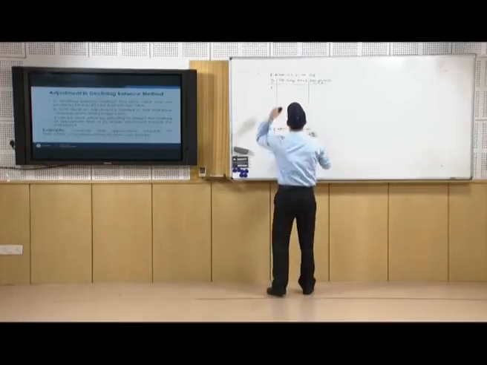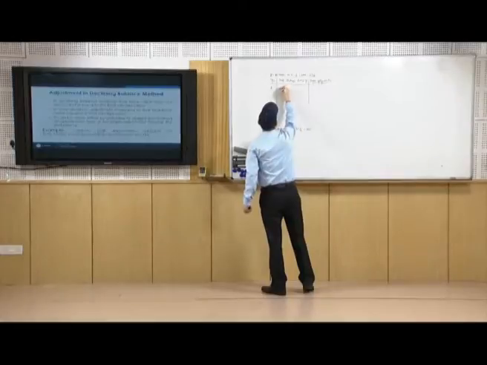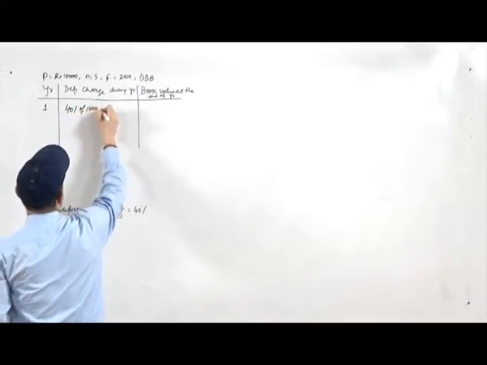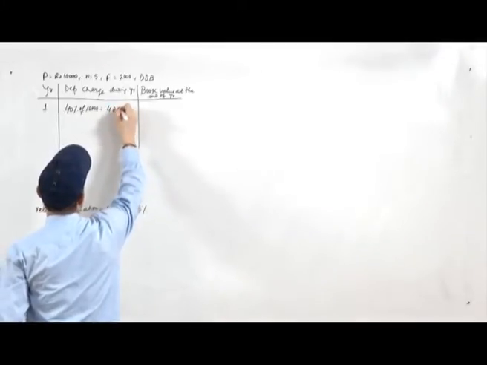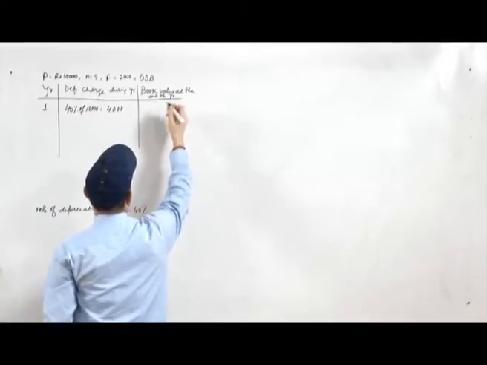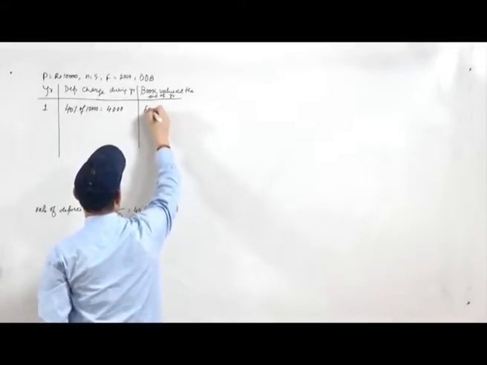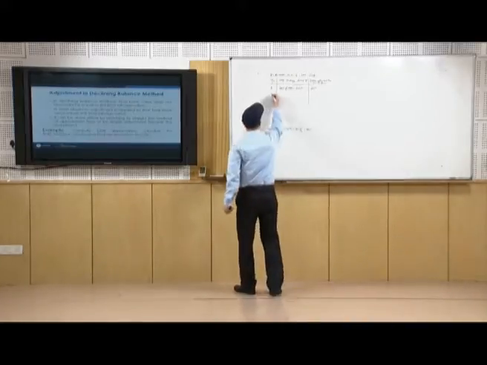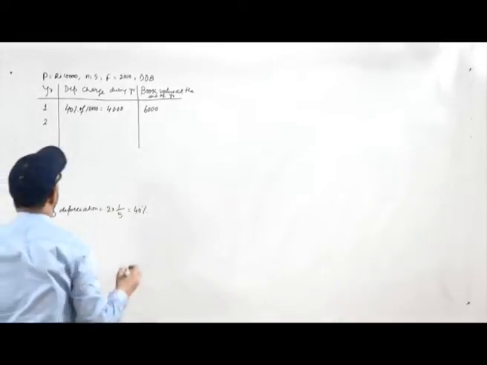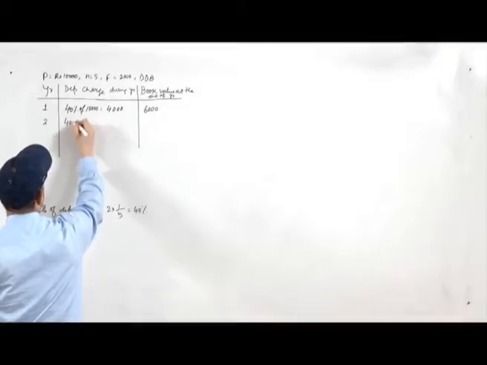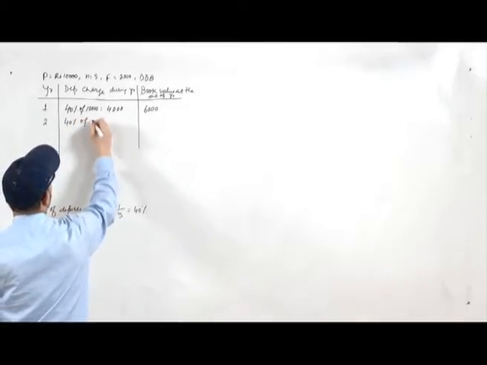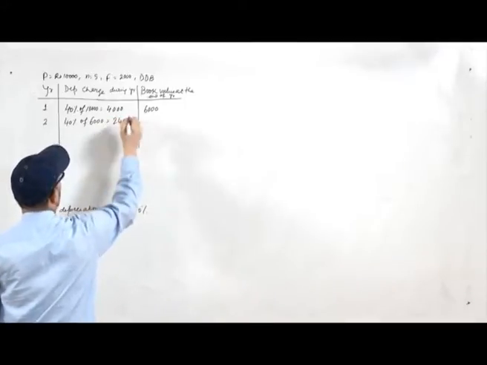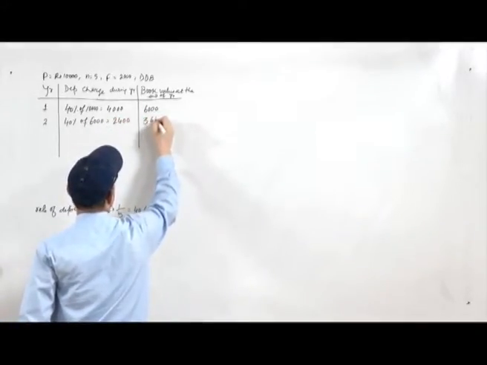So, during the first year the depreciation charge will be 40% of 10,000, that is 4,000, and your book value at the end of first year is 6,000. In the second year it will be 40% of the book value at the end of first year. So, 6,000, that is 2,400 and this is 3,600.